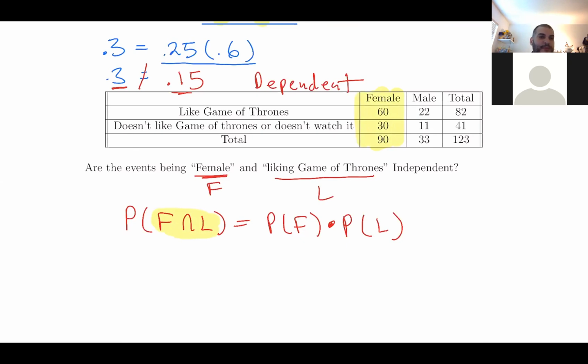Now, where are the people who like Game of Thrones? They're over here. So where do they intersect? Which number do they intersect at? 60.